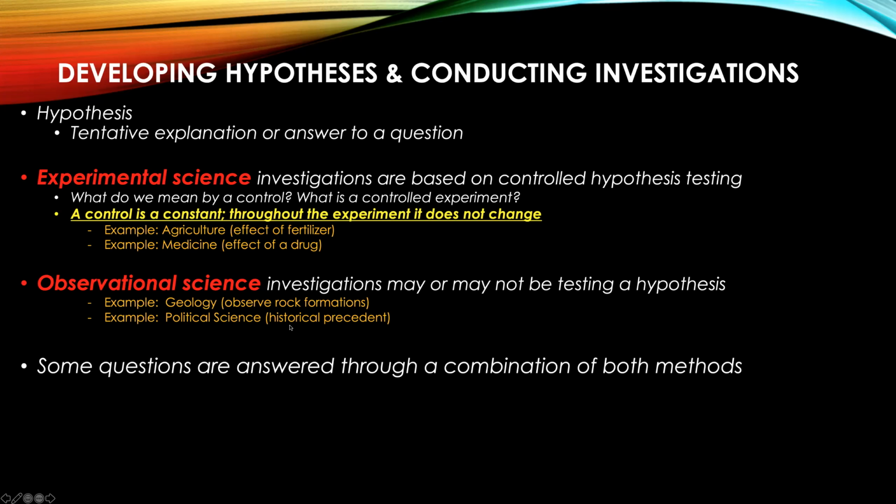Political scientists usually do not do experiments because it almost always involves humans. So what is their database? It's historical precedent, usually. That is observational science. And as I said before, some questions can be addressed using both observational and experimental approaches.